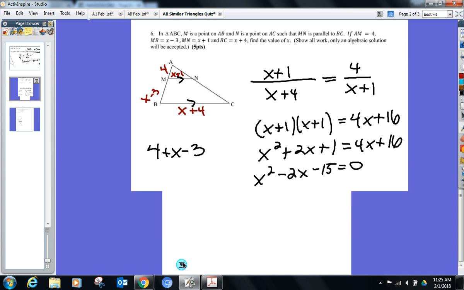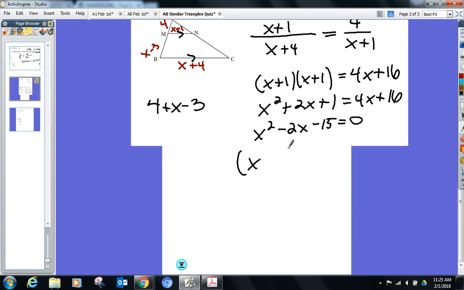We ended up factoring this because you can. Two numbers that multiply to 15 but add to negative 2. 5 and 3, minus 5 and positive 3. So you do end up with two answers, 5 and negative 3. But unlike all the review problems I've given you on the back of your assignment sheet, this problem has a diagram. Yep. So watch.